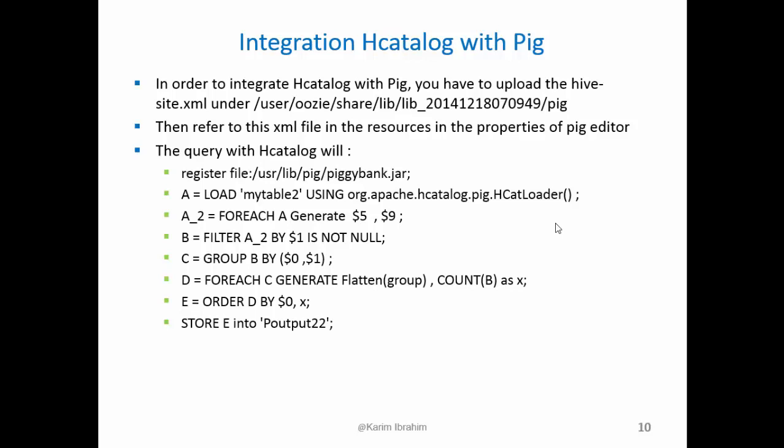You just upload the hive-site.xml to this path, and then you run your query using the HCatLoader, and you just point to the name of the table you want to access.